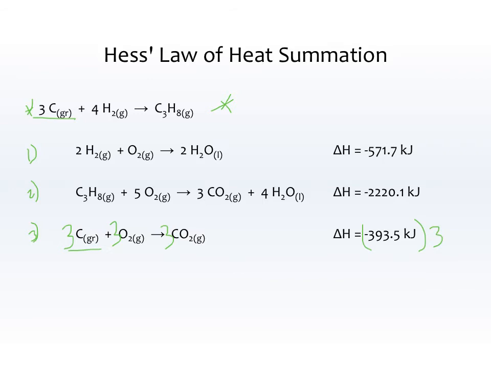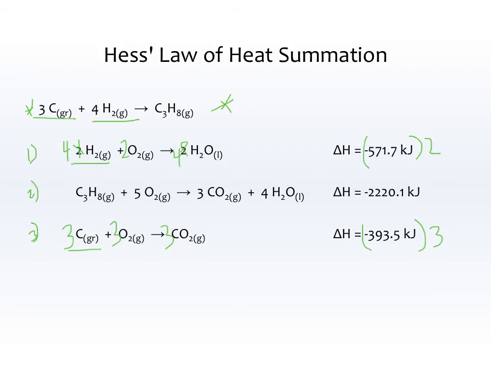Okay, let's go on to the next one. I see 4 hydrogens as a reactant. Within my other reactions, I only see hydrogen as a reactant just once, but there's only 2 hydrogens. So let's multiply this reaction by 2 to make 4, 2, 4, and 2.